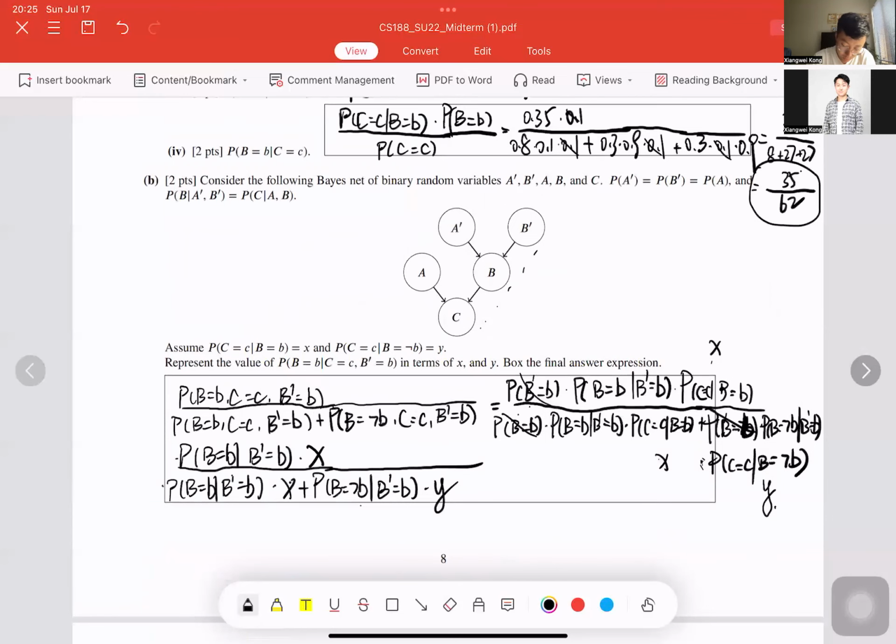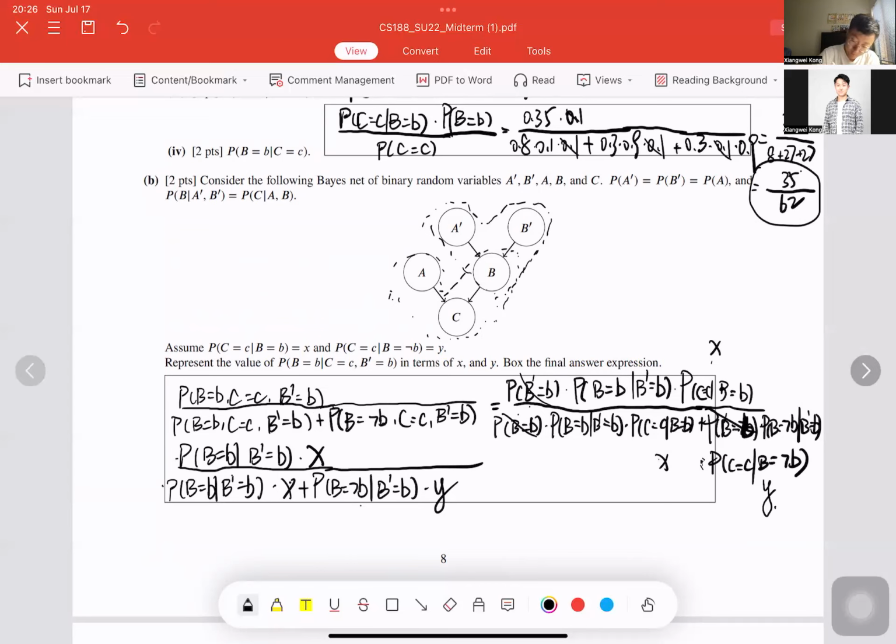Let's look at the structure of this Bayes-Net. This structure for A, C, A prime, B prime, and B is very similar to the structure of A, B, C, especially the probability for A is equal to the probability distribution for A prime.